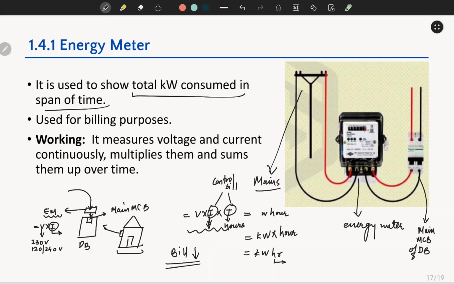So the entire purpose of this chapter was to know how I can reduce my billing, as simple as that.